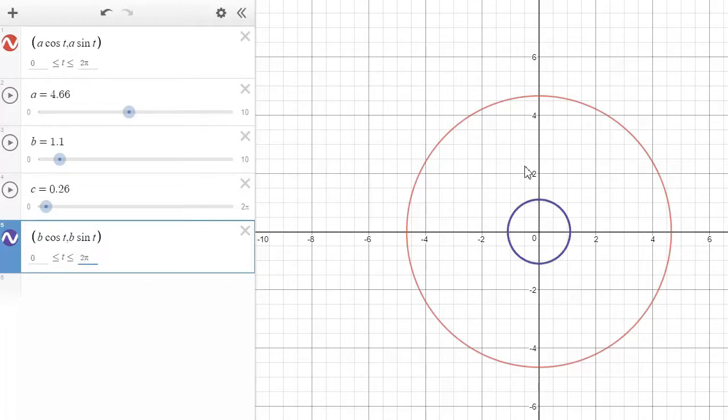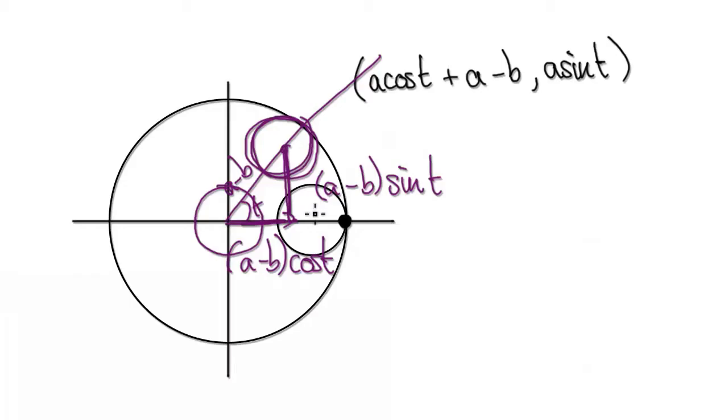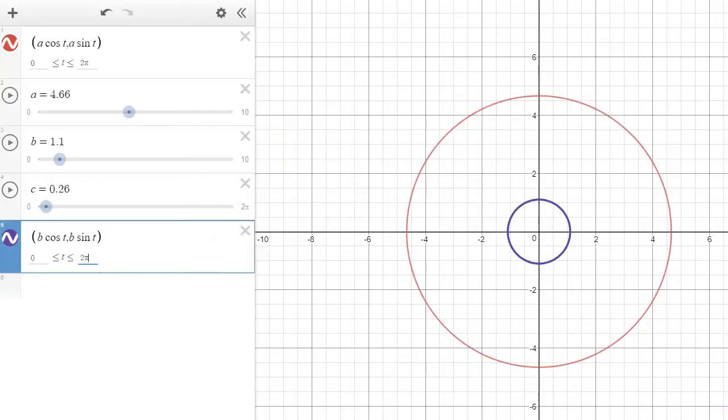So this is our normal circle, our standard circle. We now need to move it across by this amount, and later on move it up by this amount. Let's try to implement that.